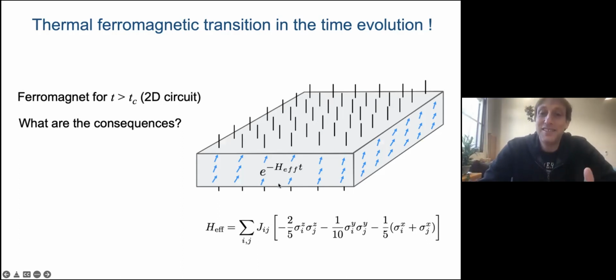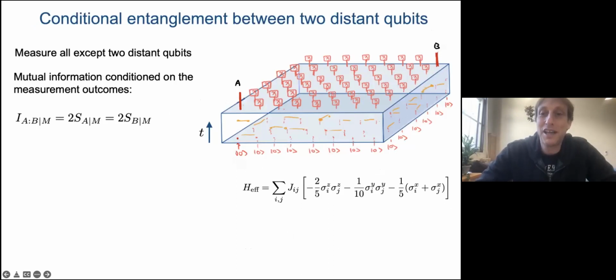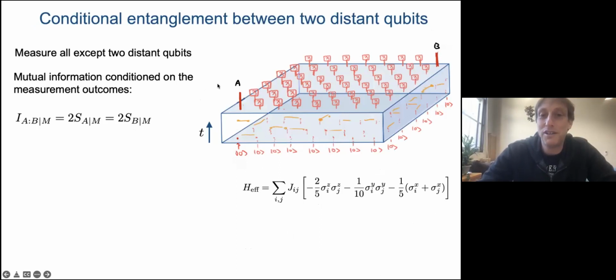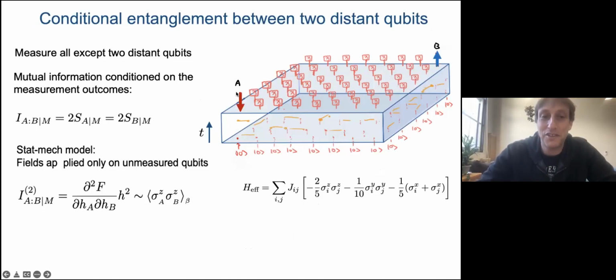Now, an Ising system at some finite temperature would have a phase transition between ferromagnet and paramagnet. And the kind of observable that I was looking for, the mutual information between A and B, turns out to be exactly mapped to the spin-spin correlation function in this statistical mechanics model.